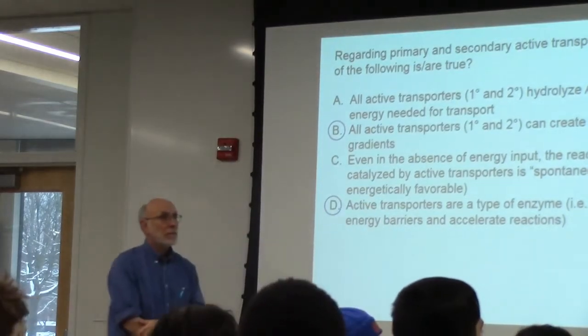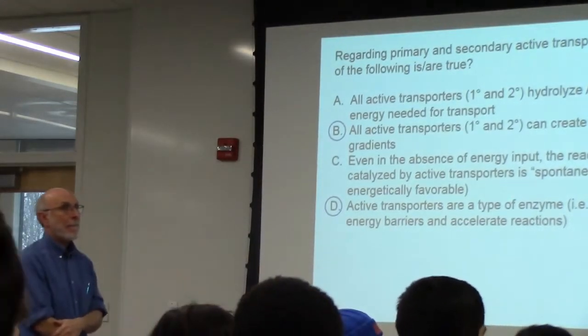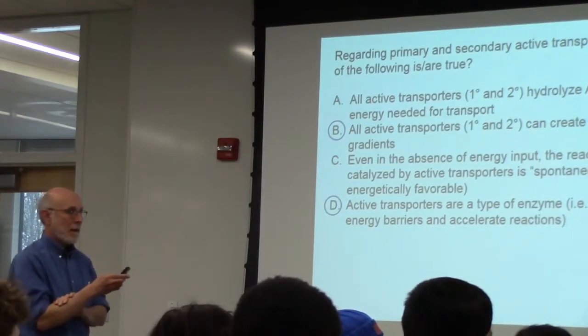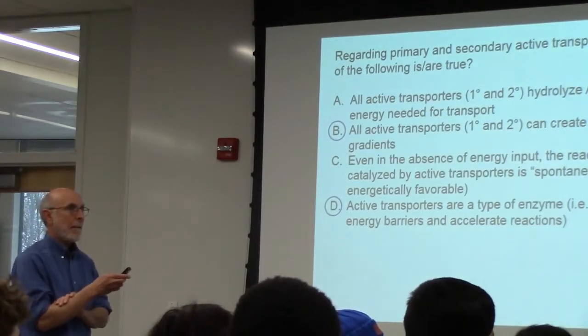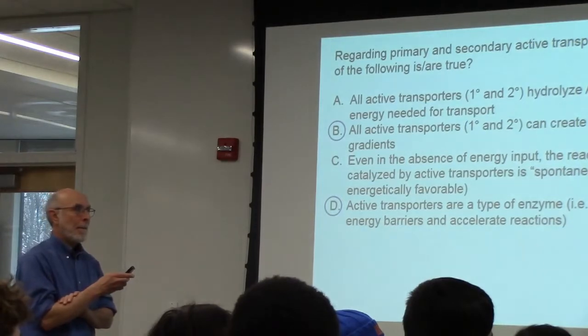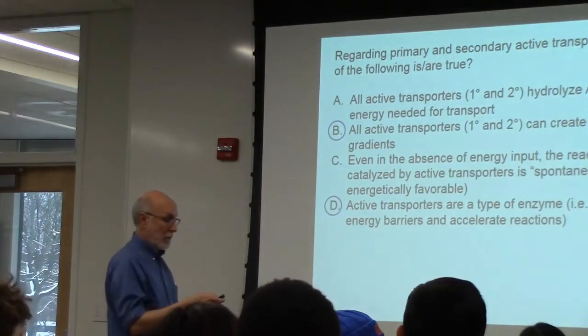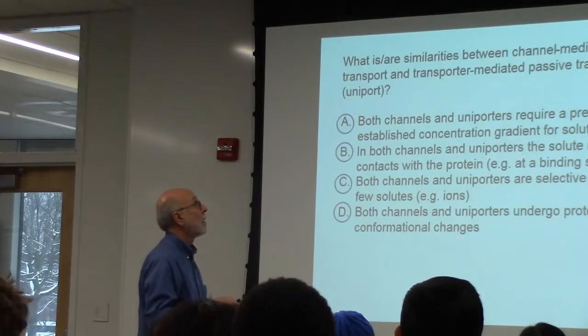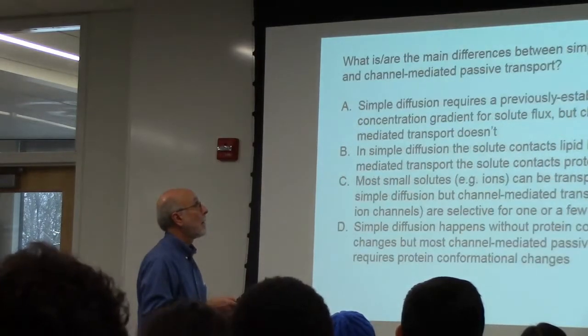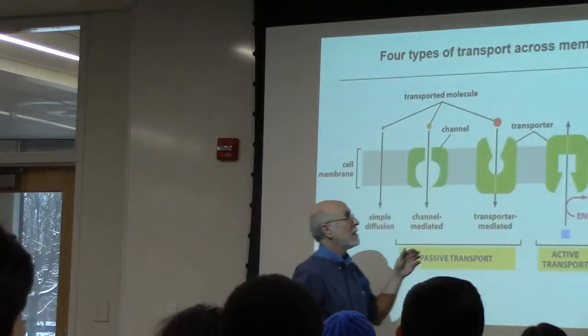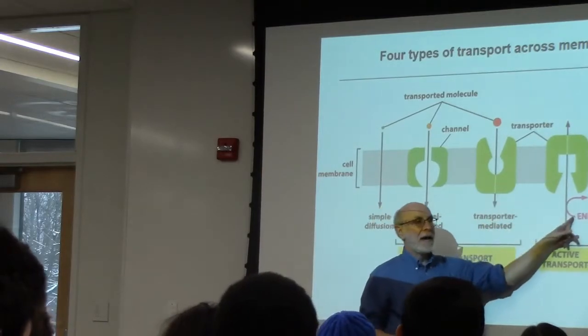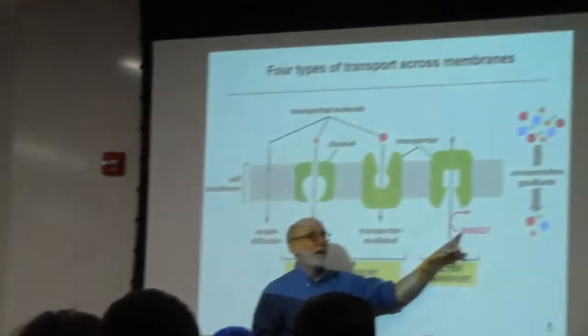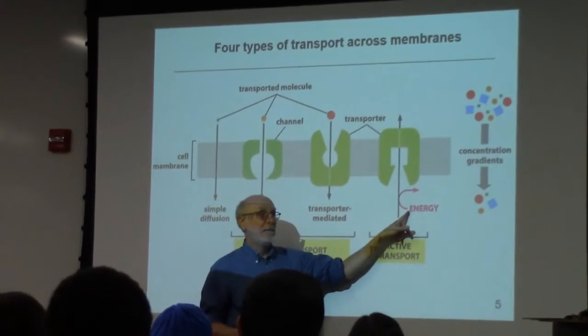I'm still just a little bit confused how primary and secondary are different other than ATP. If they both create concentration gradients, how is secondary different? So the only difference is that in a primary active transporter, the source of energy is ATP directly.